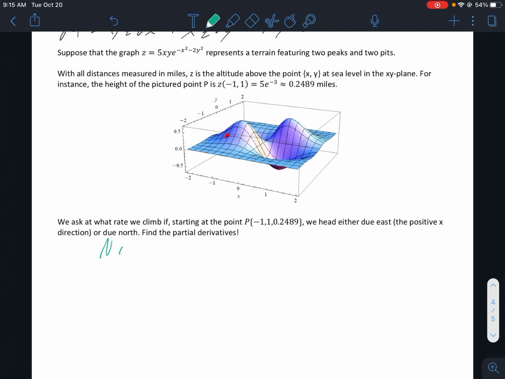So let's do north first. North basically means we would take the partial derivative with respect to y. Okay, so this would be a product rule and a chain rule.